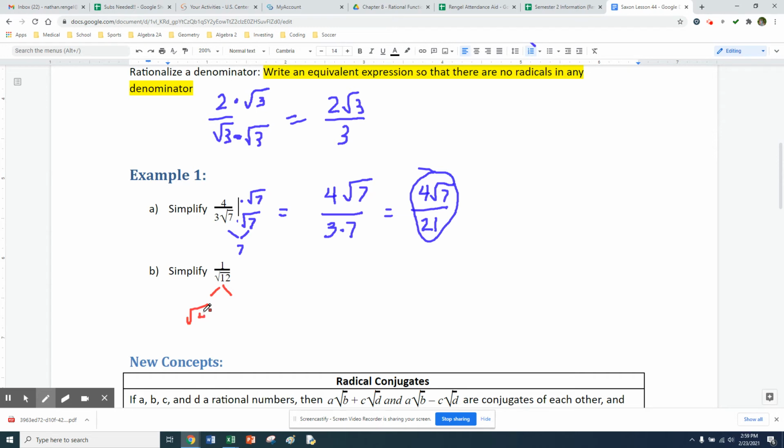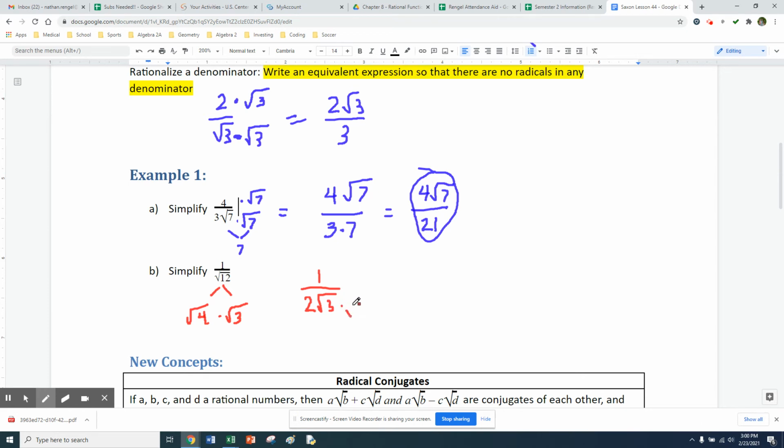That would be the root of 4 times the root of 3, because 4 is a perfect square. So I'm going to end up now with 1 over 2 root 3. And now I'm ready to rationalize. So if I see a perfect square, I'm going to simplify that down so I have smaller numbers to deal with. So then I'm not multiplying really big numbers and then having to do a lot of cleaning up at the end. So square root of 12 becomes 2 root 3.